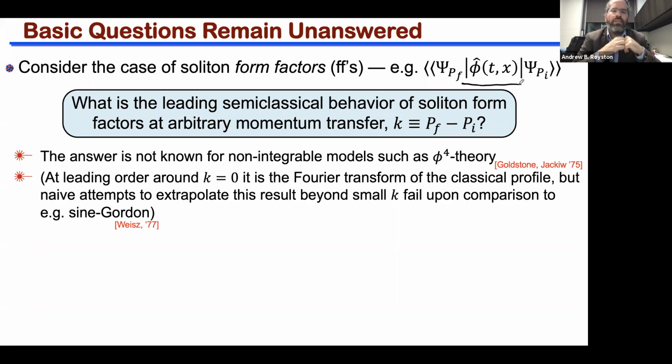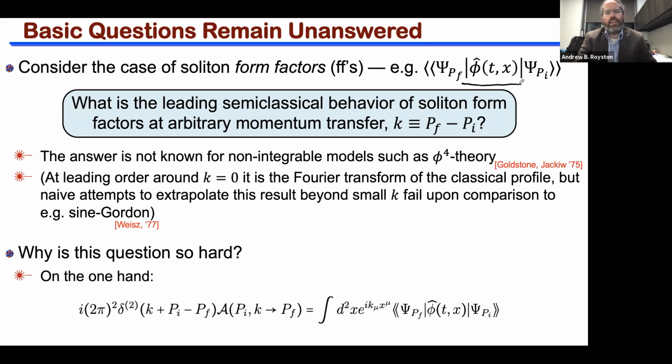But naive attempts to extrapolate that result beyond small momentum transfer fail when compared to explicit results that we know in integrable models such as sine-Gordon. So why is that question so difficult?